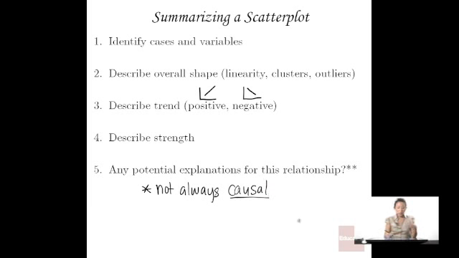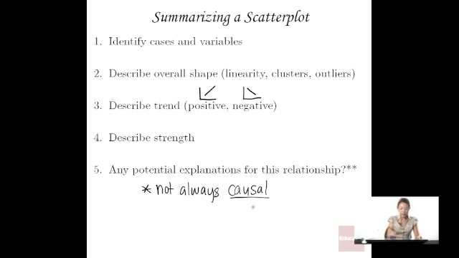So why might they have this positive association? Why might these two variables have this negative association? And that's going to be really important for us to figure out. But it's good for us to think about, okay, maybe it's causal, but maybe it's not. And those are actually harder to think of sometimes because we sort of jump to the causal explanation.